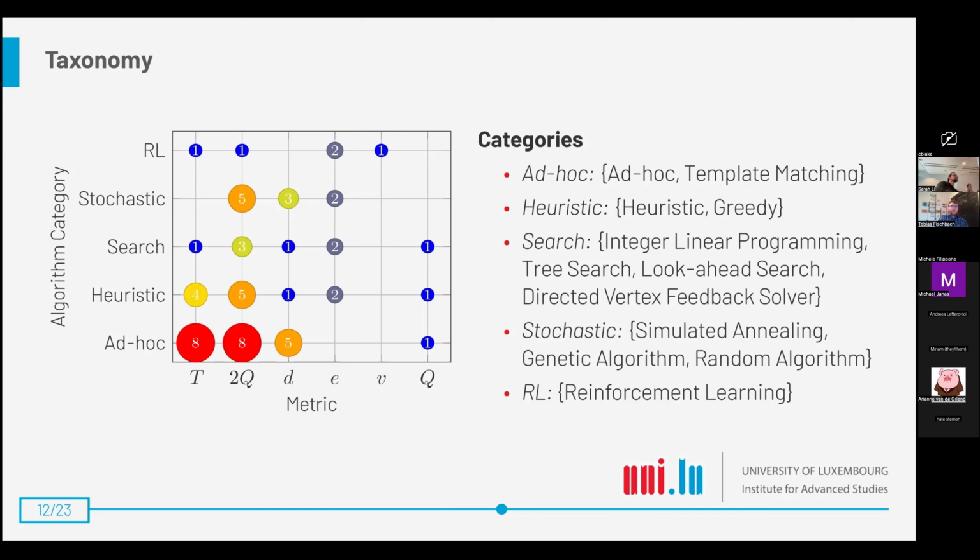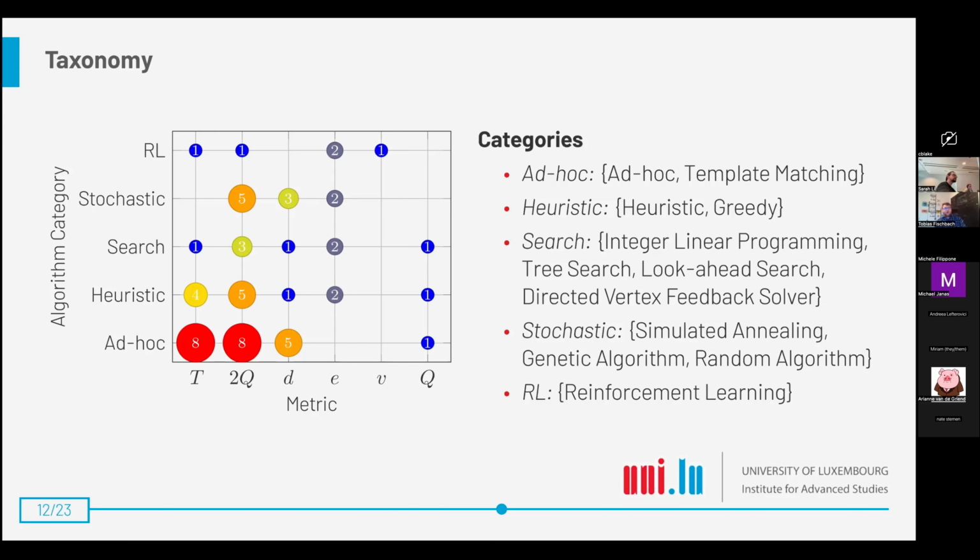I grouped heuristic and greedy algorithms together. Then I created a group for all search-based optimization algorithms, which means integer linear programming, tree search, look-ahead search, then this heuristic solver.